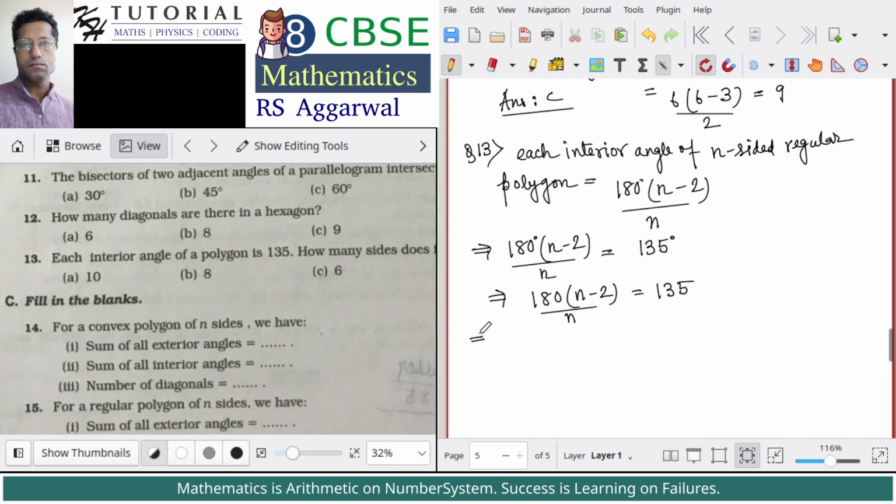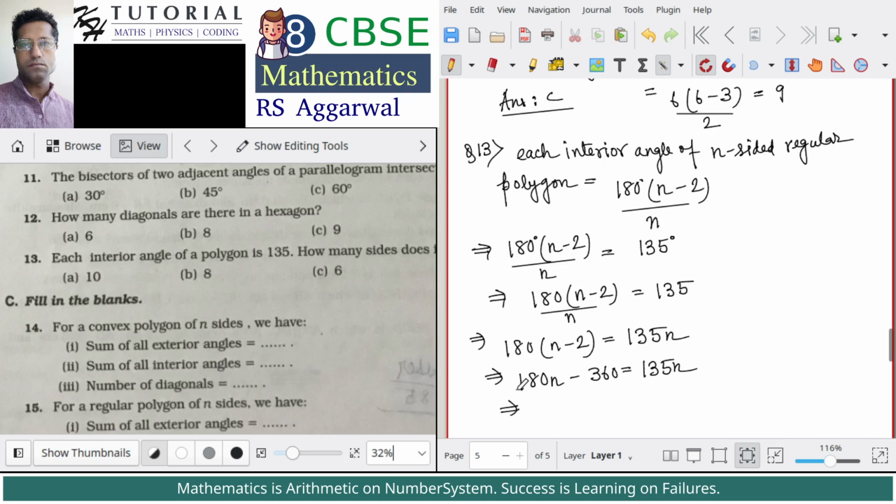Doing cross multiplication, this is a linear equation in n. We have 180 multiplied by n minus 2 is equal to 135 n. Simplifying the left hand side, we have 180 n minus 360 is equal to 135 n.